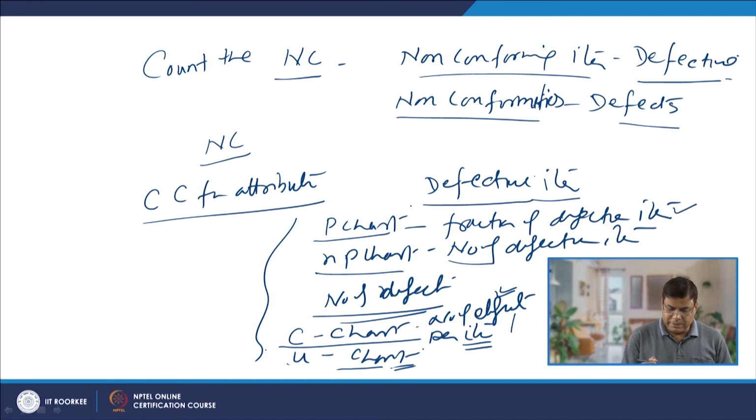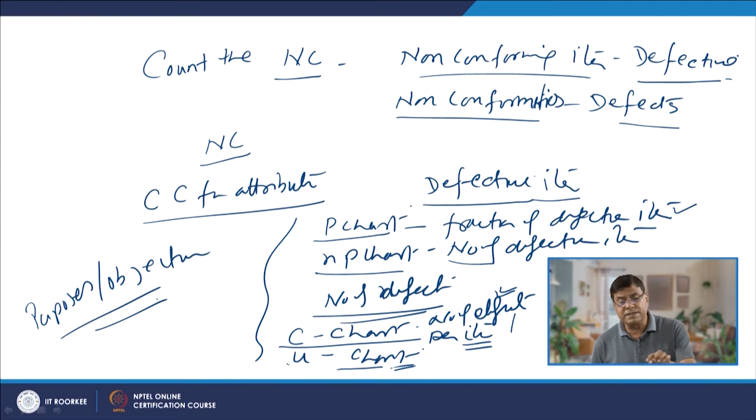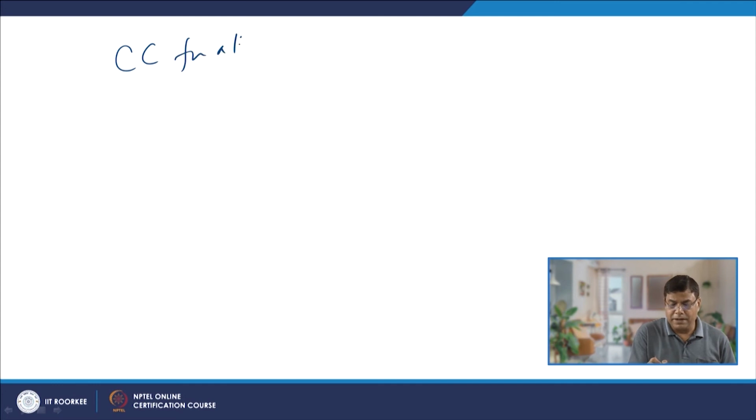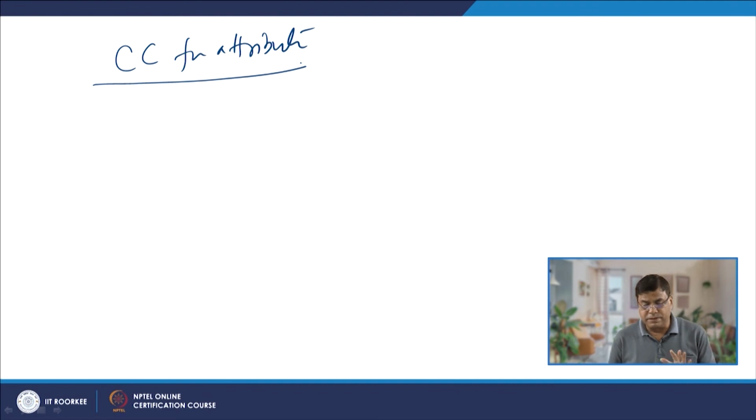Then we will see what are the various purposes or objectives that are realized by developing the control charts for attributes. We have seen there are 4 types of control charts developed for attributes.